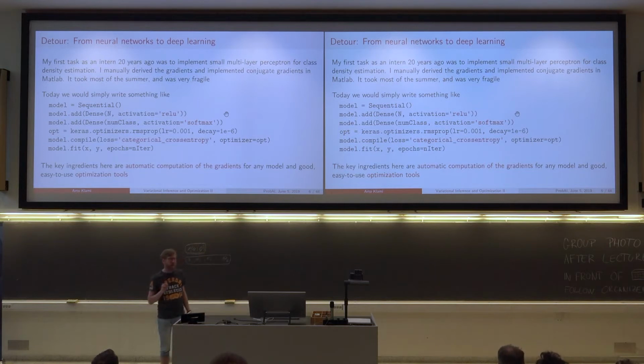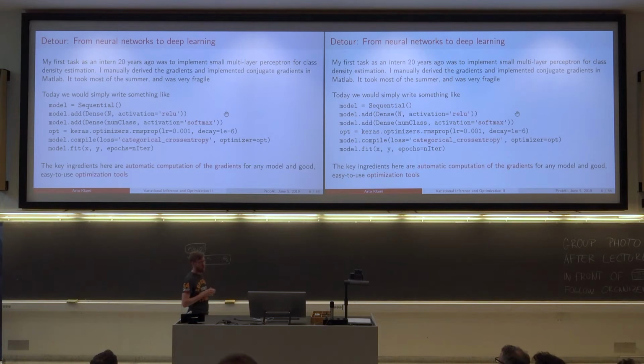And what I did was that I started by manually deriving the backpropagation gradients for the MLP. Then I took up MATLAB and started writing the model, propagating gradients, and then implemented the conjugate gradient algorithm for training this MLP. And it really took me a summer.